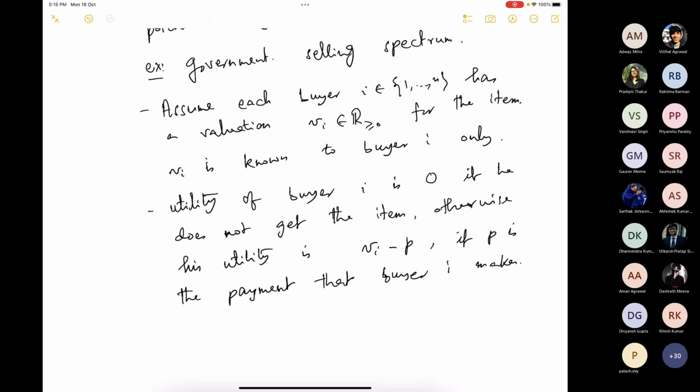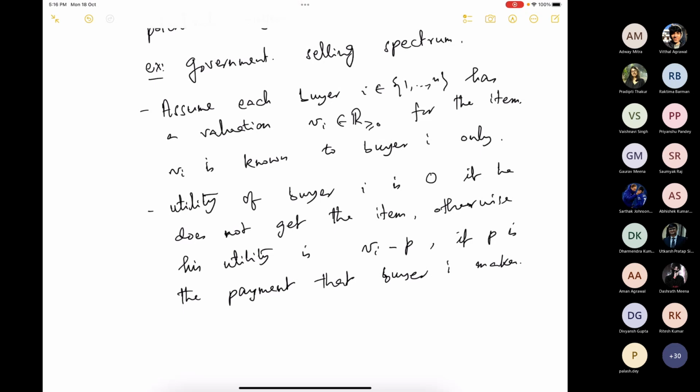Sounds reasonable enough. The valuation for the item for buyer i is Vi. If he pays an amount P to get the item, then his utility is Vi minus P. So these are the players, this is the utility.